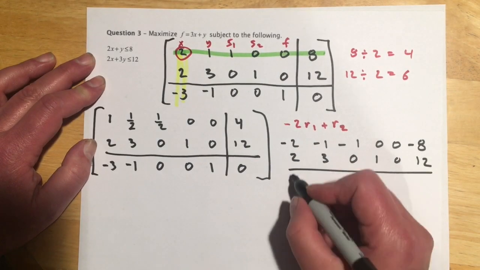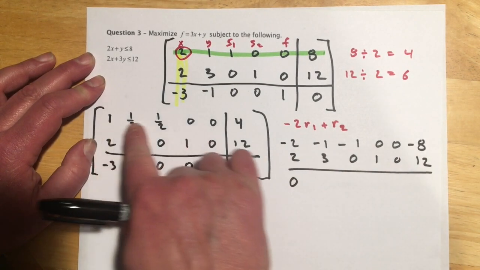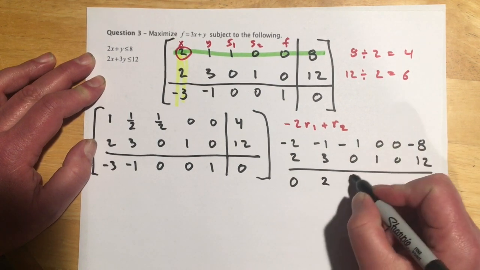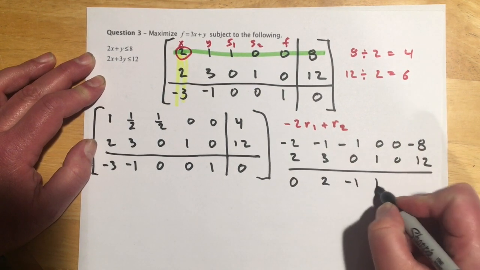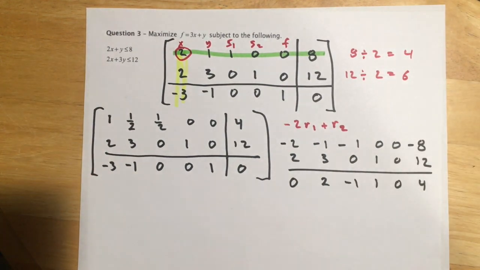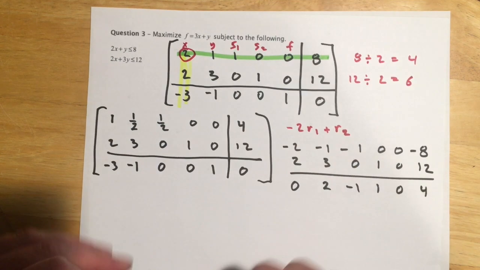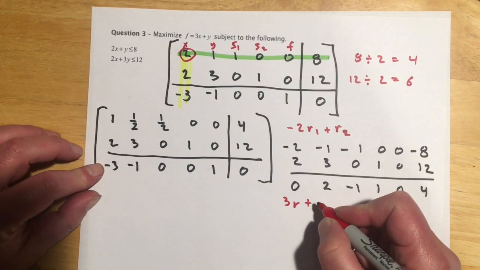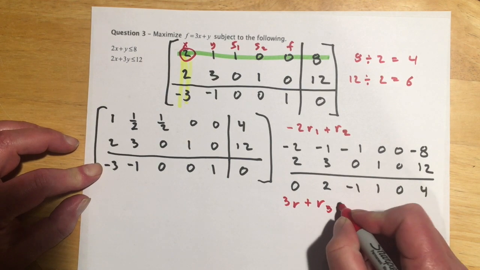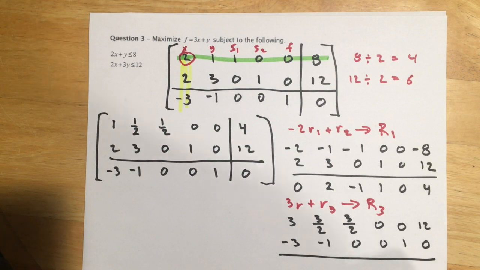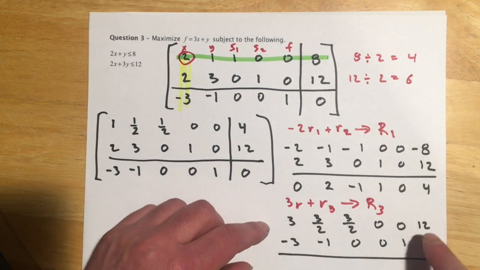Okay, and so here I just set up all the work. So I just multiplied this by 2 and that gave me that. So this will go 2, -1, 1, 0, and 4. And then next I'll do 3 times row 1, and then we add to that row 3. And that will make my new row 3. Okay, so now I set that up.